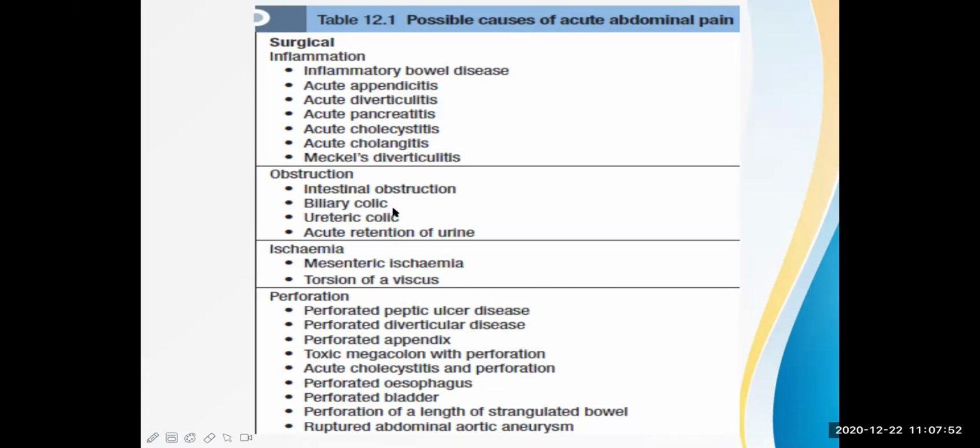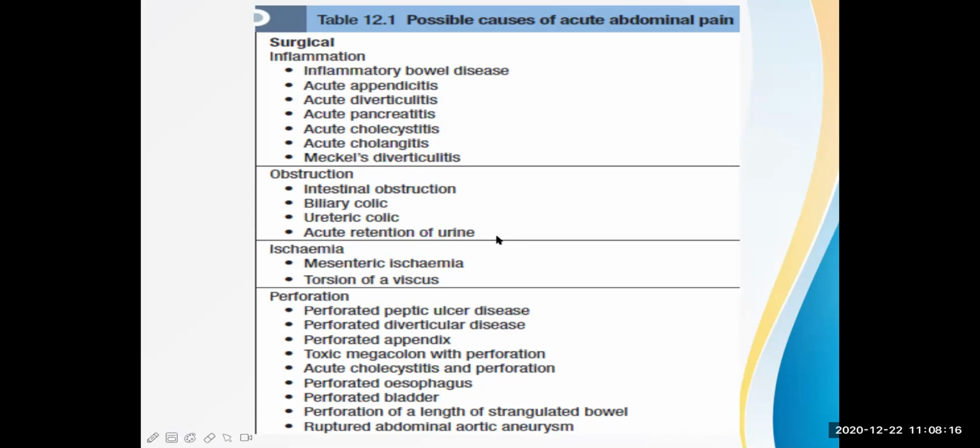We have biliary colic, obstruction of the bile duct, ureteric colic, obstruction of the ureter, and acute retention of urine. When the bladder is acutely obstructed, there is no flow of urine outside. All of these can also be causes of acute abdominal pain. These are intermittent types of pain.